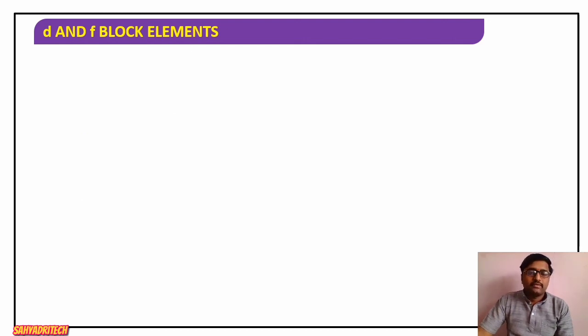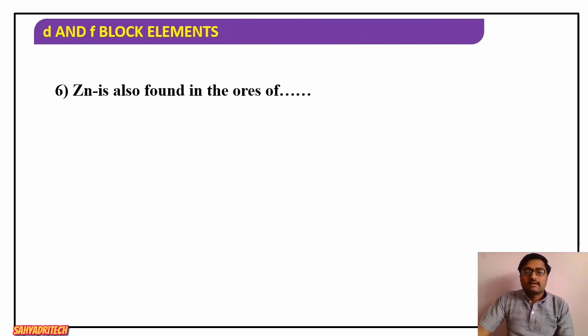Well, next one: zinc is also found in the ores of. Yes, we know that calamine and malachite are the two combined forms of zinc, that is zinc sulfide ZnS and zinc carbonate ZnCO3. Zinc exists in the form of sulfide and carbonate.